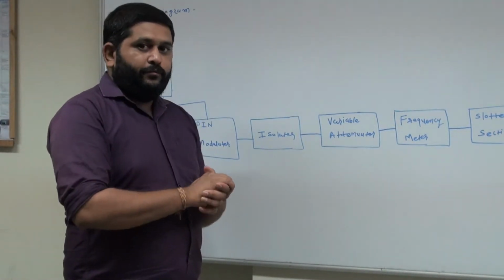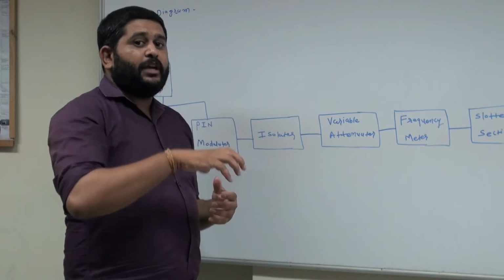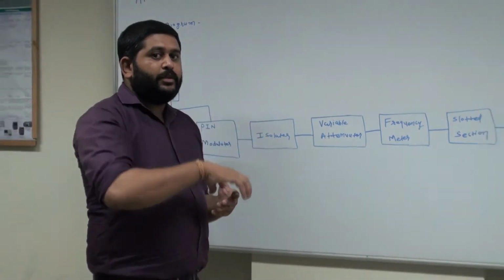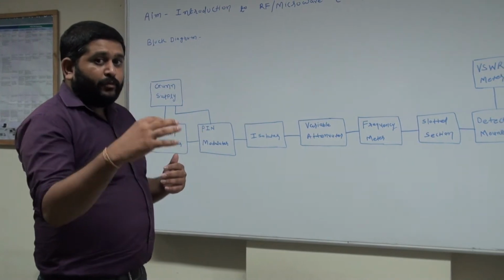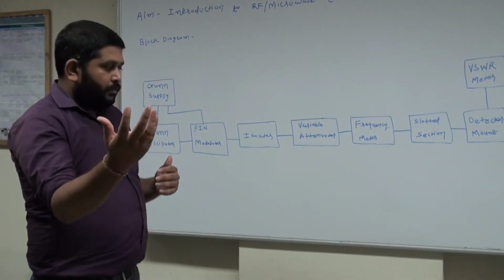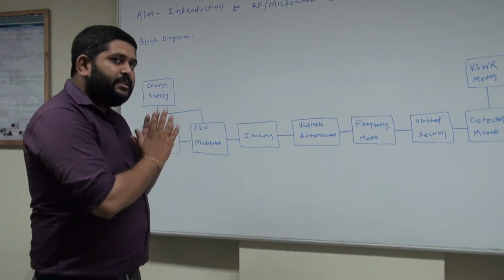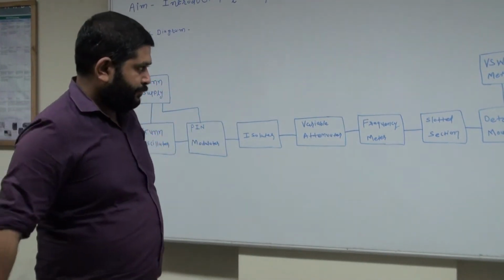So we change the dimension of the cavity, means rotate the frequency meter accordingly. The dimension of the cavity changes, and we will find different frequencies between 8 to 12 gigahertz.